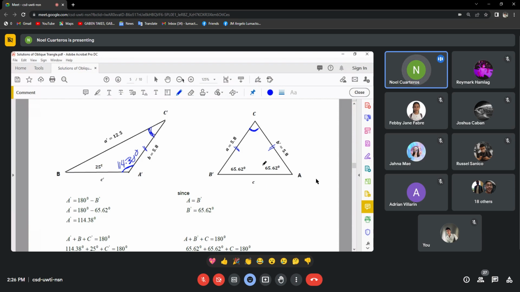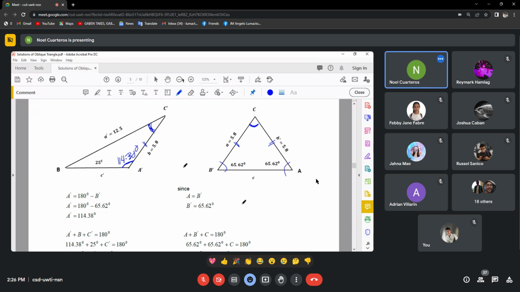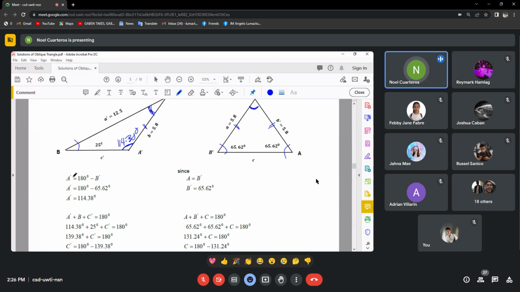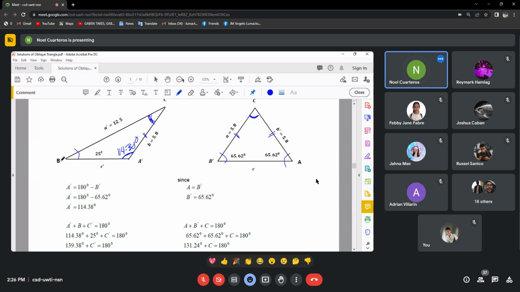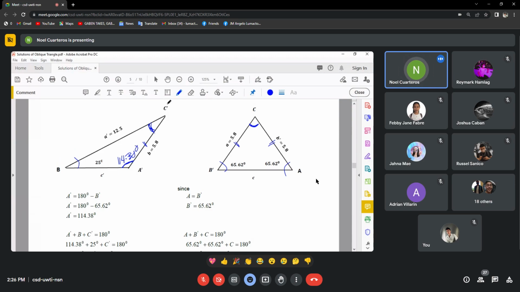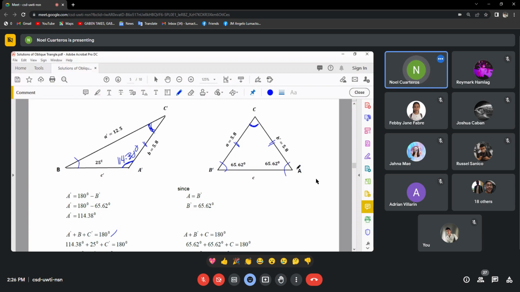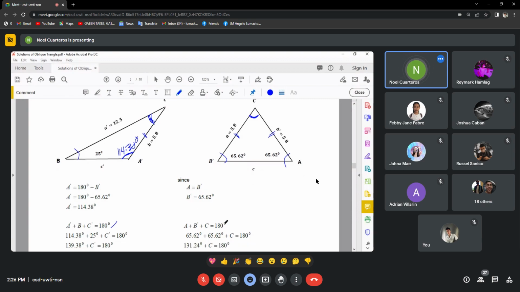The sum of the three angles is equal to 180, so we add the two known angles and subtract from 180 to get the missing angles. Here, B plus A prime plus C prime is equal to 180, while here we have B prime plus A plus C is equal to 180.